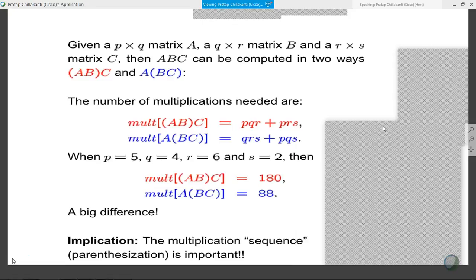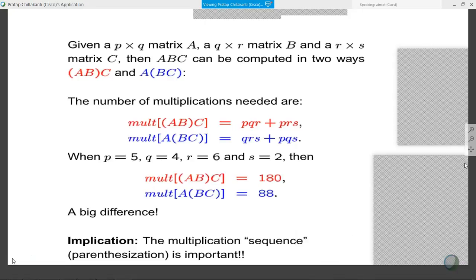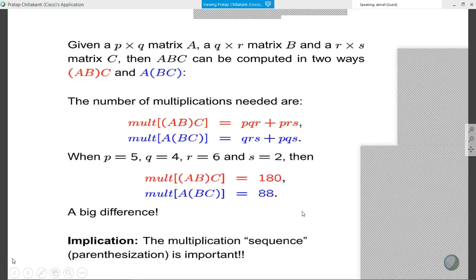So whenever you're doing a search of items and all that, behind the scenes you are seeing lots and lots of joining of tables based on some query. This dynamic programming logic is used in a way to optimize the query. So, multiplication sequence is important.